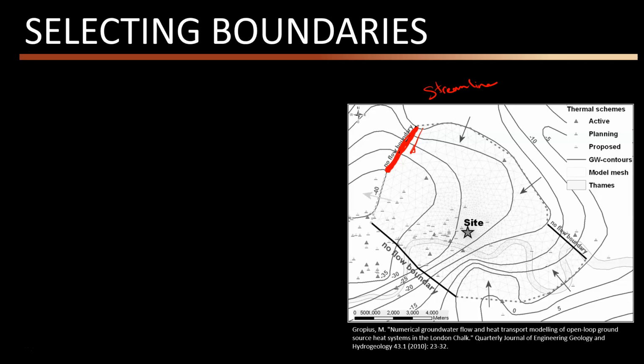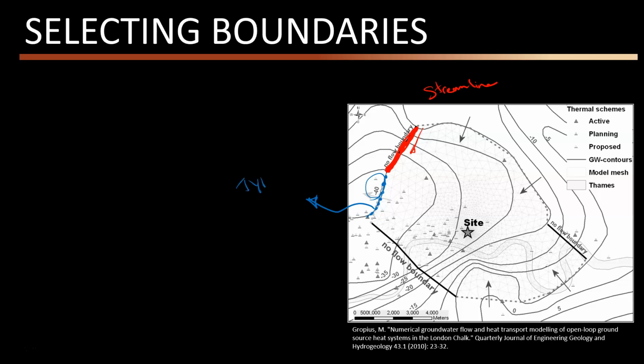The answer is simple. If you look at this area, you see that there's a potentiometric line of -40 here. So it means that the head here, here, here, and all points across this line is -40. And you know what type of boundary condition suits this situation.